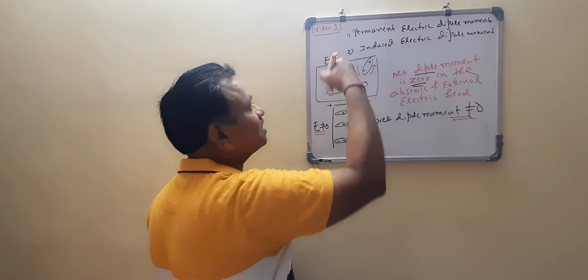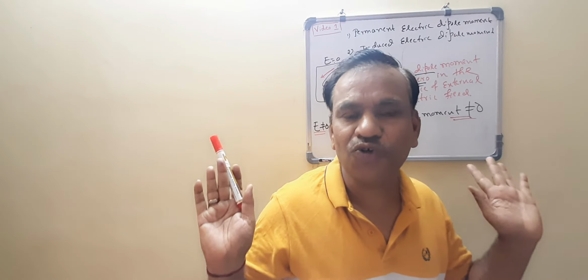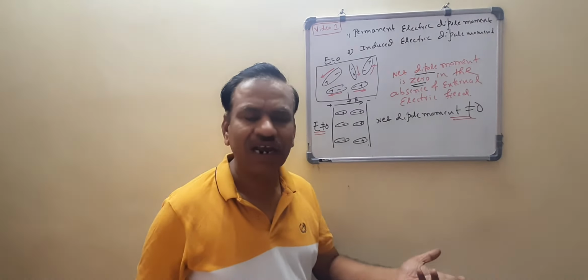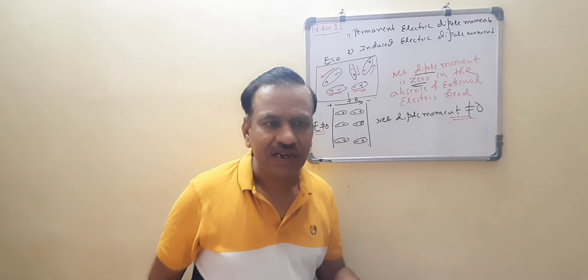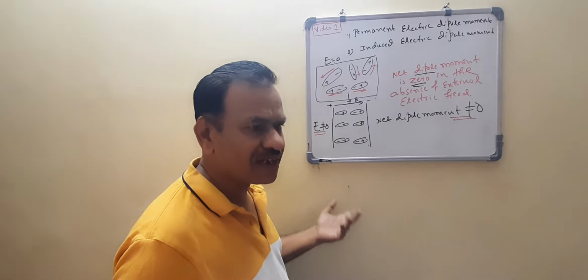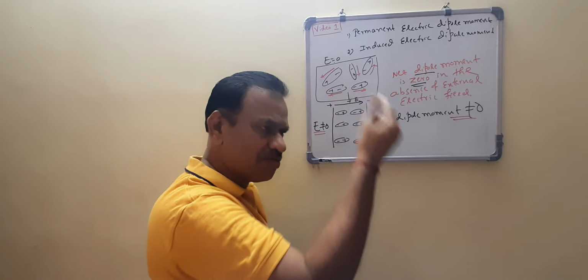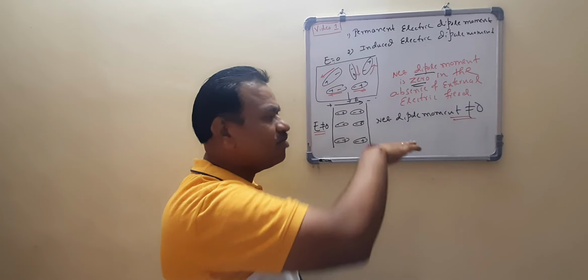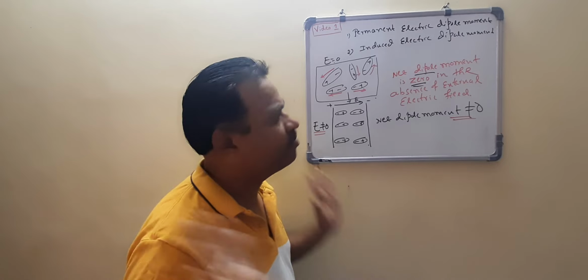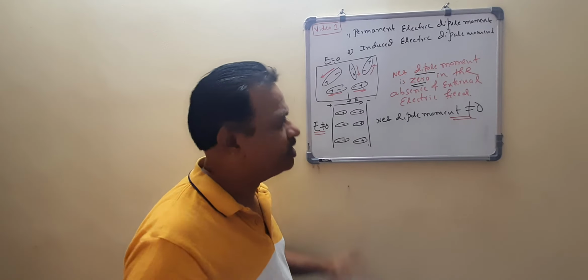This is the situation in the case of permanent electric dipole moment. Suppose they ask a question, define permanent electric dipole moment. There are some substances in which, in the absence of external electric field, each molecule possesses a dipole moment, but the net dipole moment is 0. That's all. You write only this much for the marks, to the point.